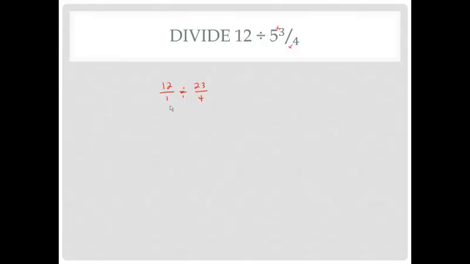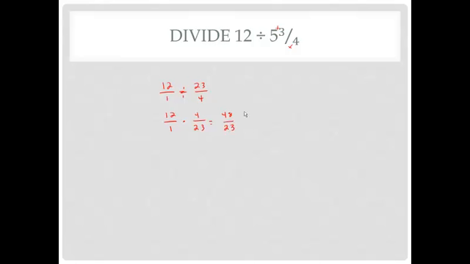But in order to divide fractions, remember, we keep the first fraction the same, change to multiplication, and flip the second fraction. Then we would multiply that out. 12 times 4 is 48. 1 times 23 is 23.